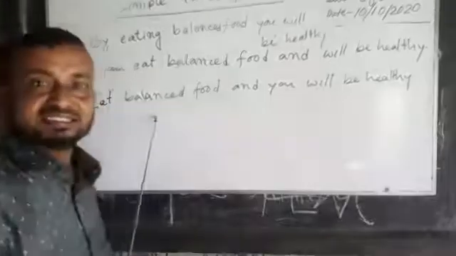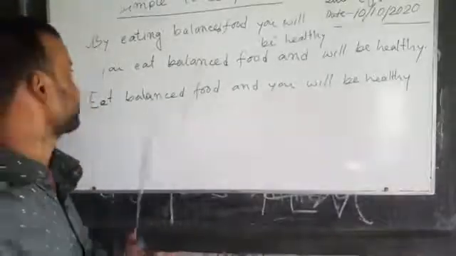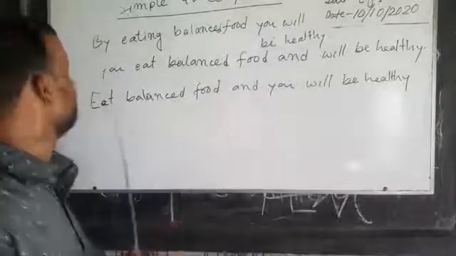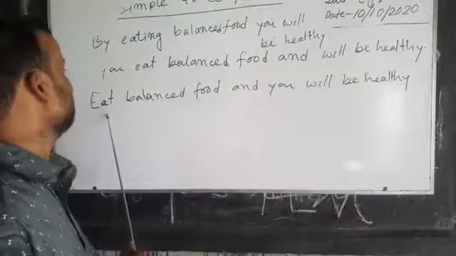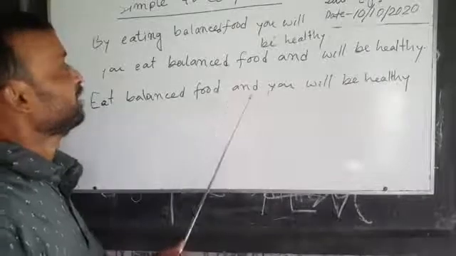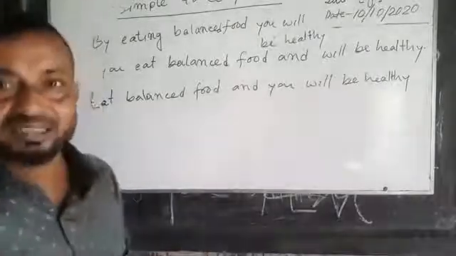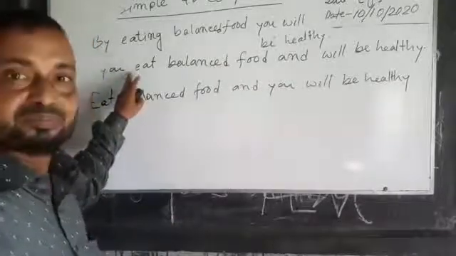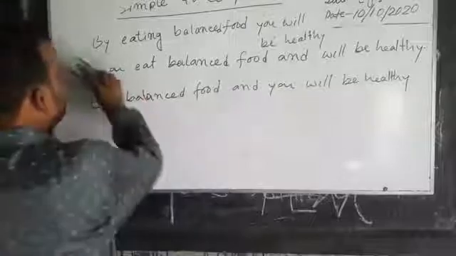Both of the changes are correct. You can write you eat balanced food and will be healthy. You can write you eat balanced food and you will be healthy. I think this is more appropriate than the first. Okay, my dear students.